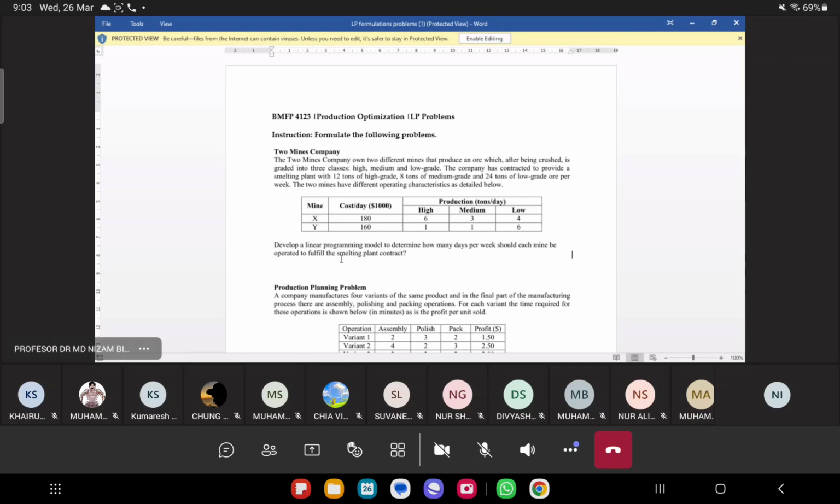I give you 3 minutes. Read it, understand it, and come up with the decision variables, objective function, and constraints. And in 3 minutes, we are going to discuss. Right? Go.